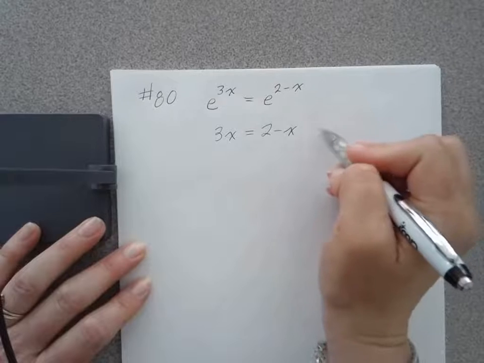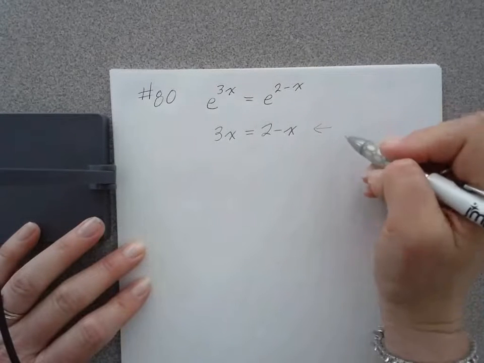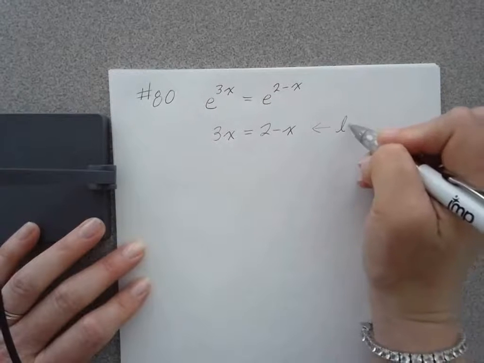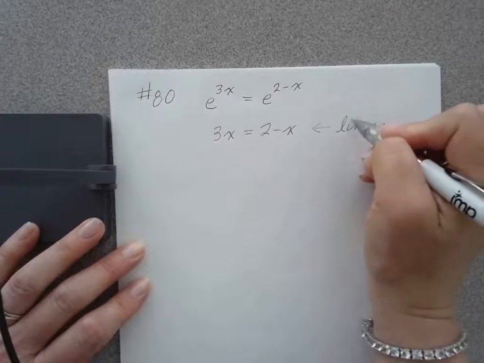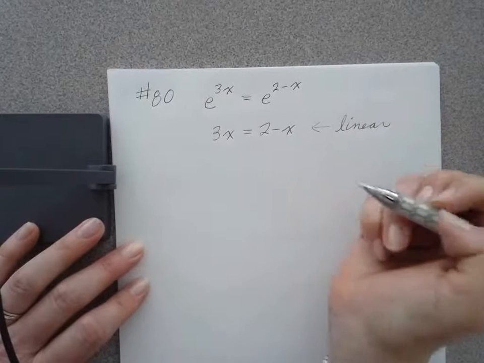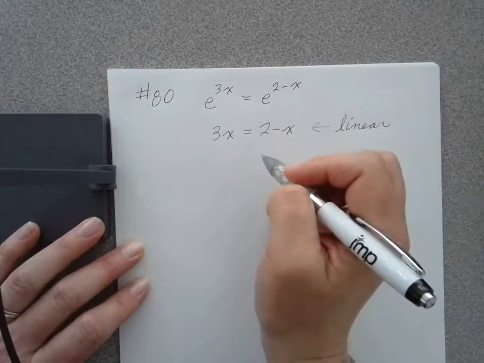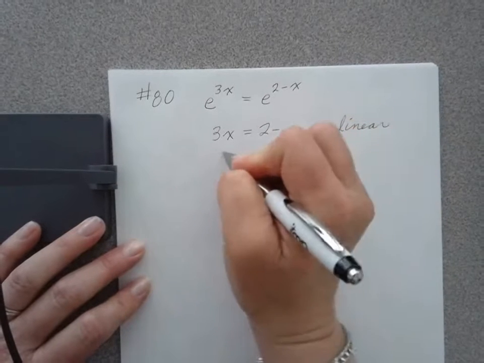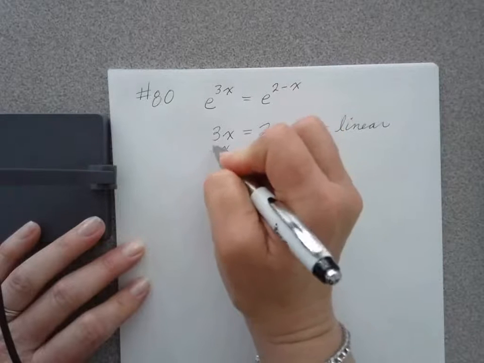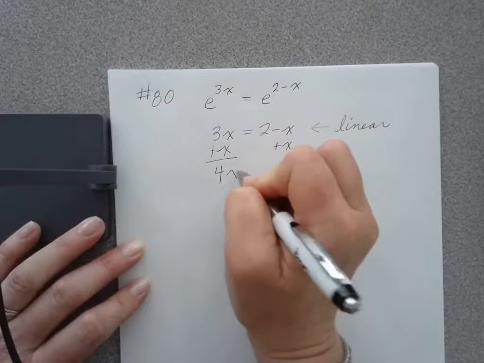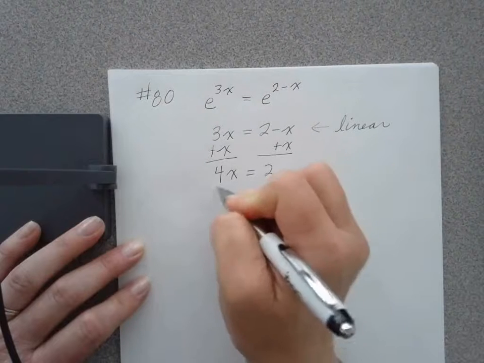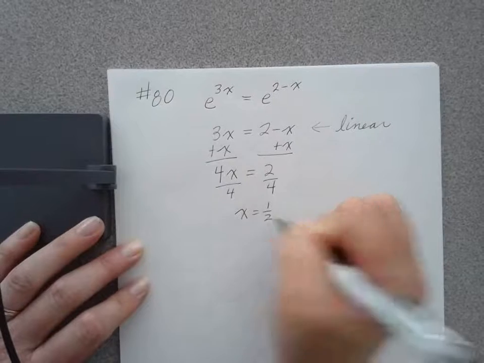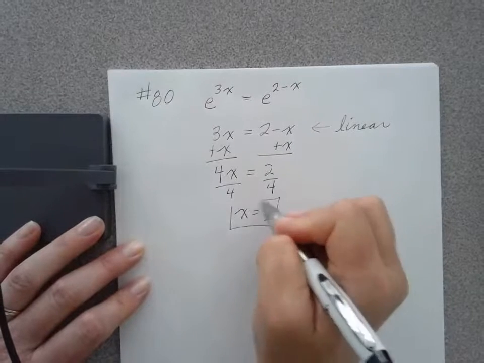What kind of equation is this? Here's a hint. Linear, good. It's a linear equation, because the x is to the first power. We want to get all the x's on the same side, so I'm going to add x to both sides. So 4x equals 2. Then divide both sides by 4. So x equals 1/2.